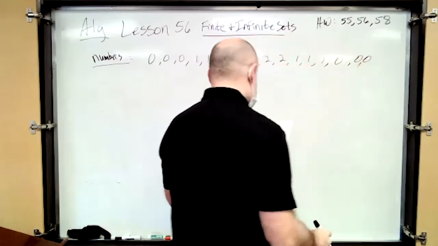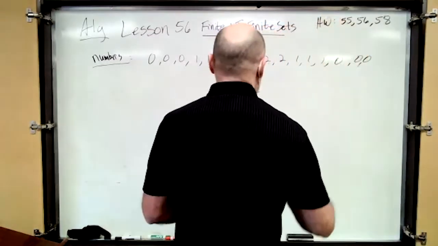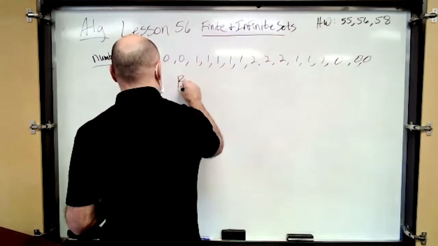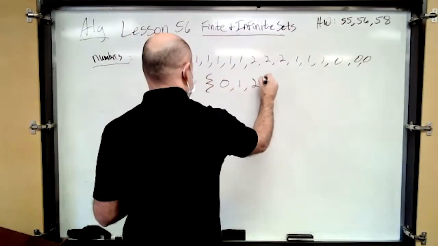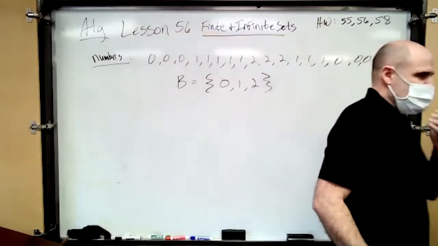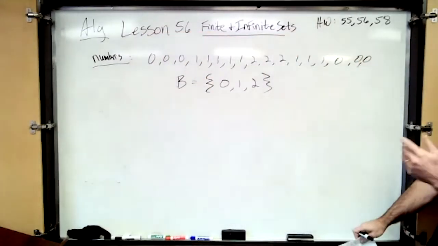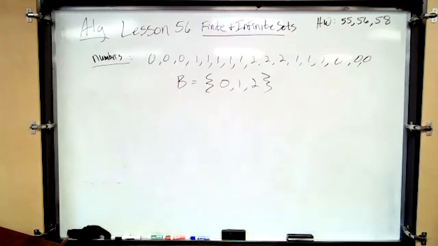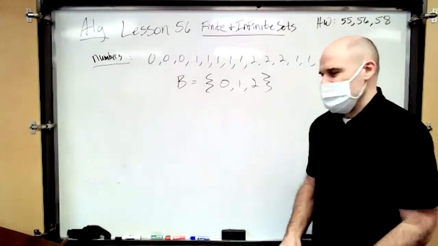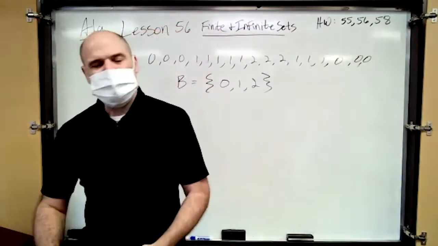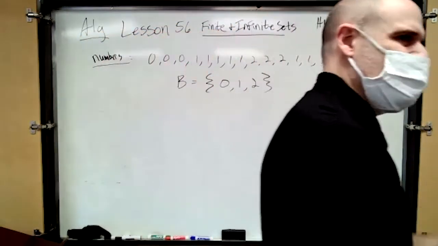You could say that these numbers, B, represents the numbers 0, 1, and 2. Okay? So you don't have to put how many zeros, 6 zeros and 8 ones and 3 twos in that set. This set just represents the numbers that are on the board.